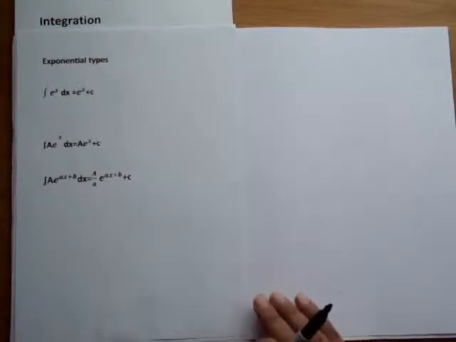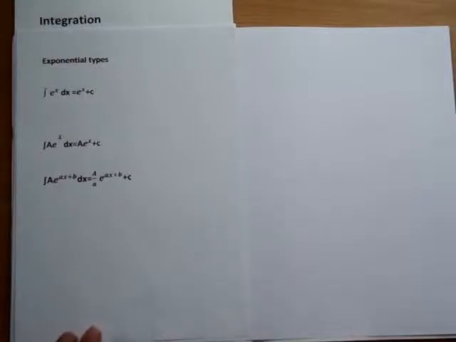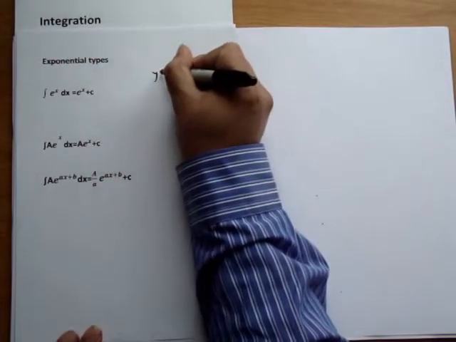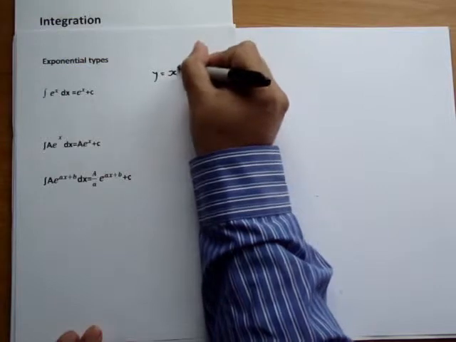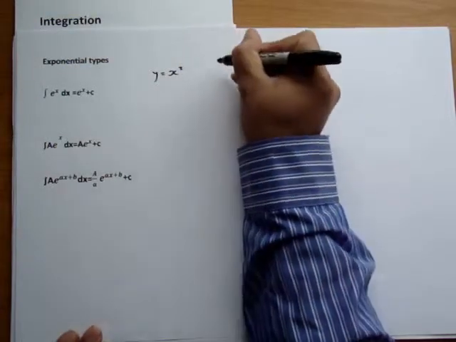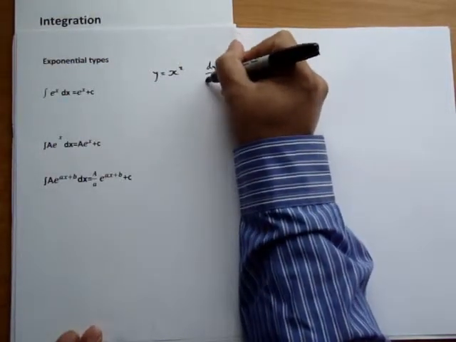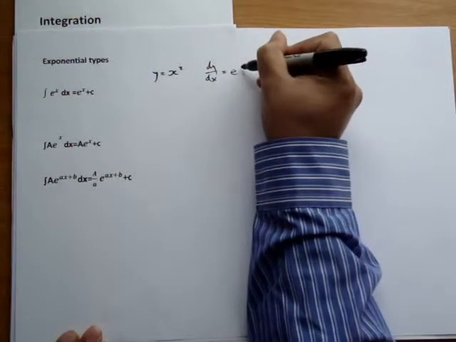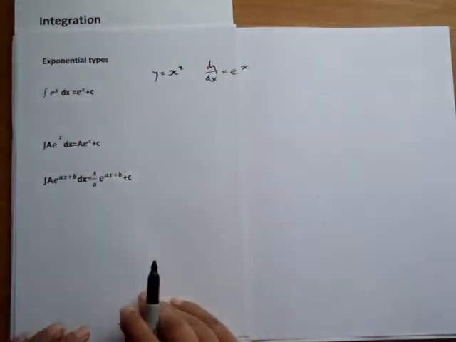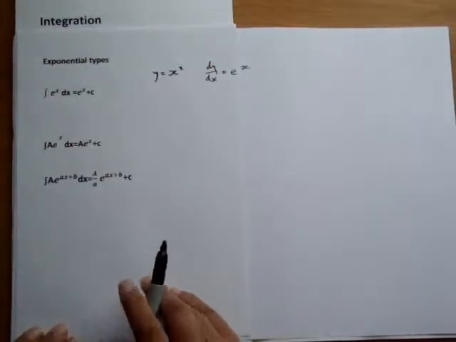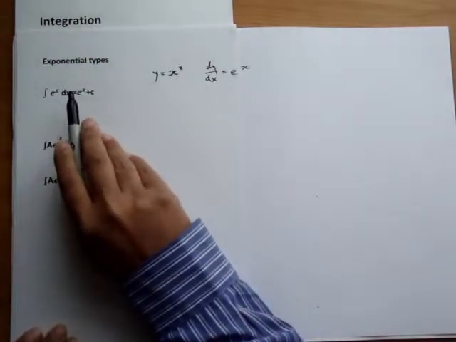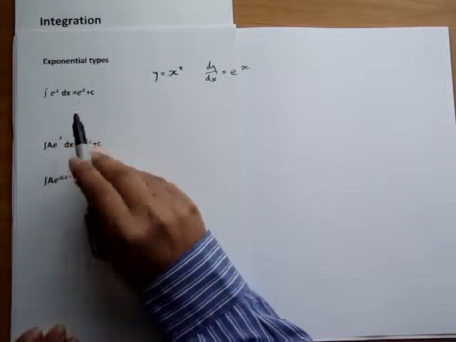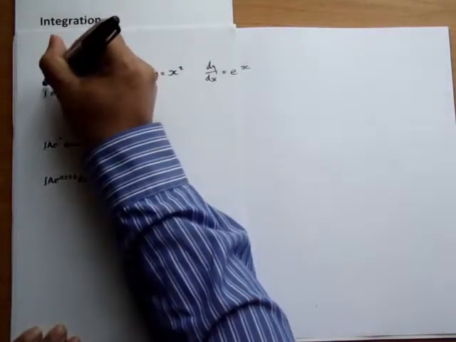Quick look at exponential types and integration of exponentials. If we have y equals e to the x and we differentiate dy by dx, we get e to the x. When we integrate e to the x, we get e to the x plus c.